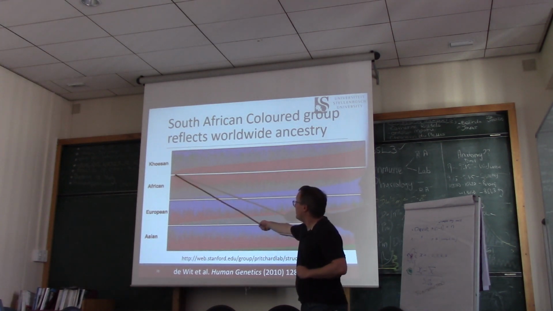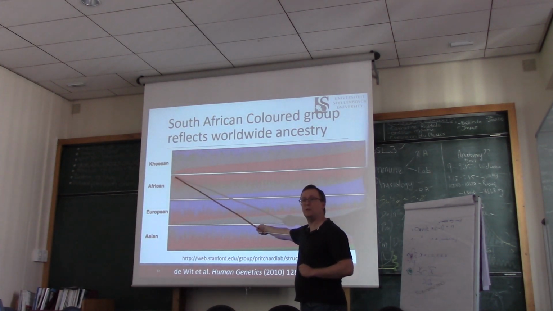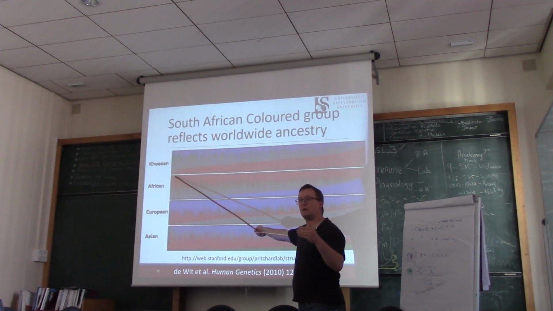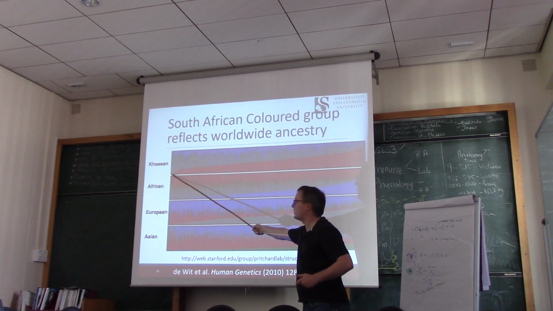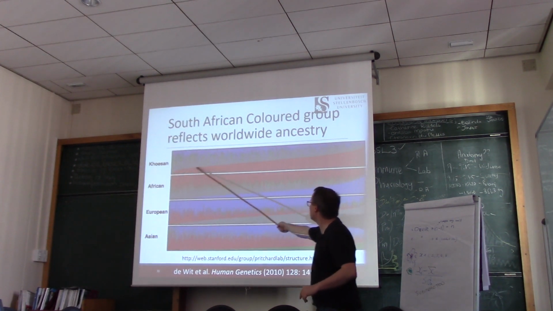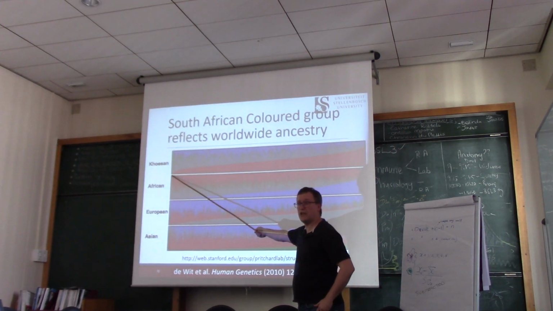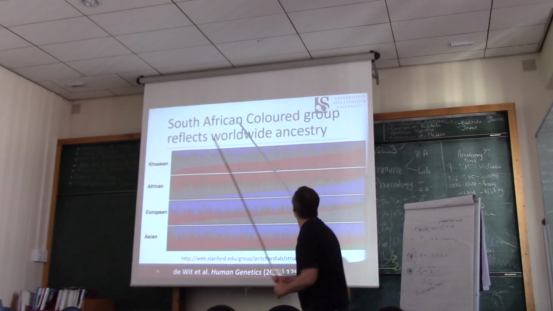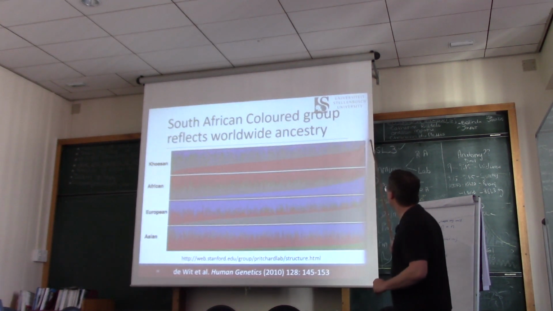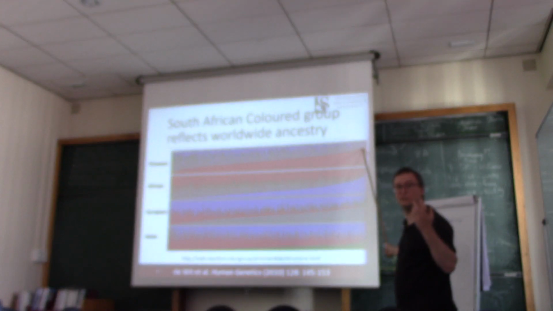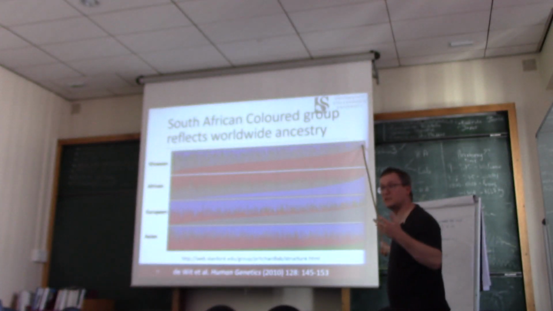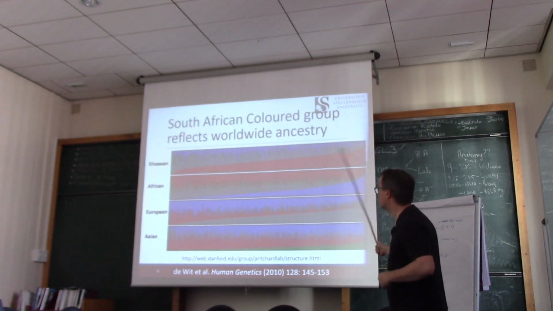But in the first one, we have sorted the individuals based on how many of these markers reflected what are thought to be the Khoisan variants at these locations, the Khoikhoi or San. So we see that some folks in the colored population have next to no ancestry from the Khoisan population. Others have a nearly pure reflection of what we think to be Khoisan variants, Khoisan alleles at these markers.